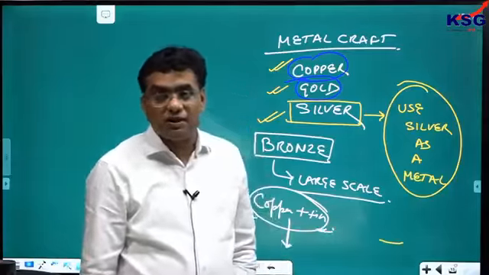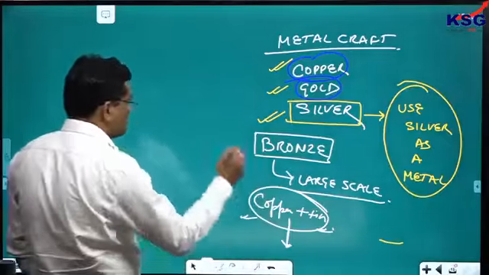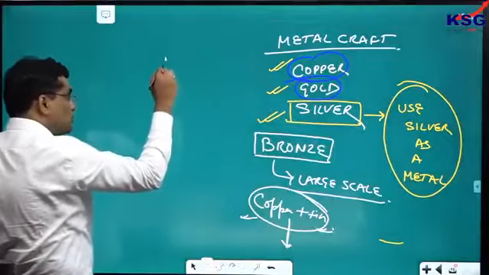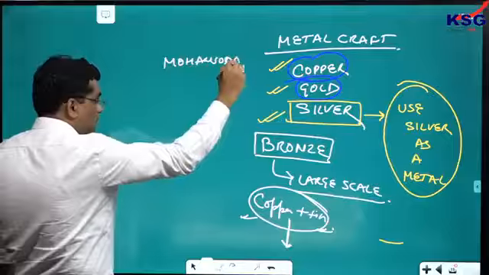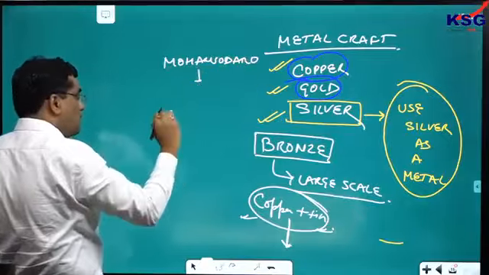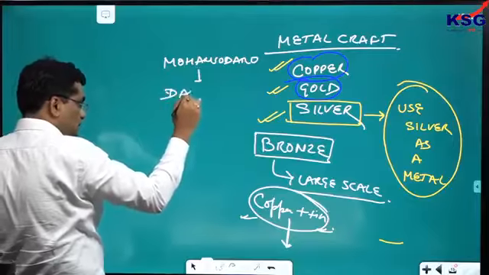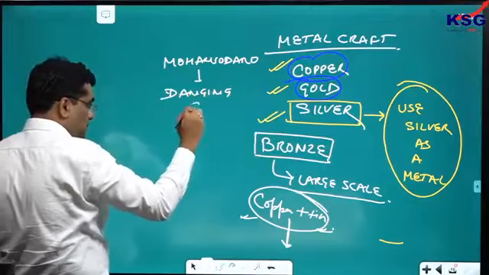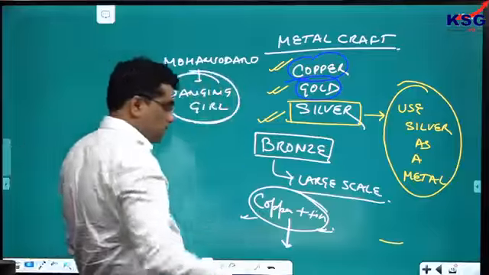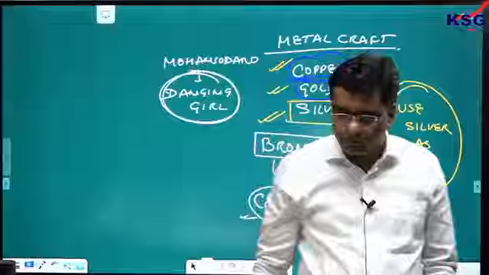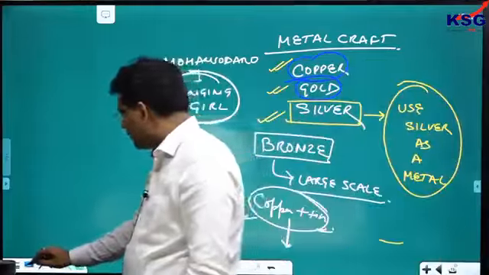And they made utensils also. And some artifacts, like from Mohenjo-daro, we have found an image of a dancing girl.